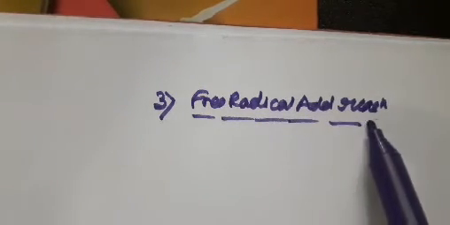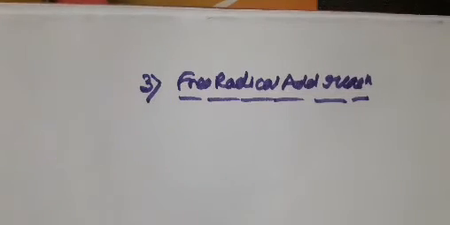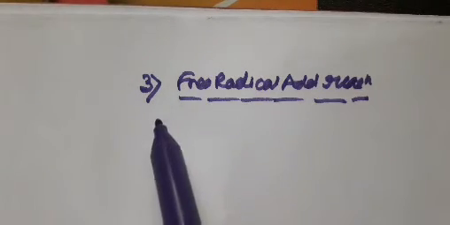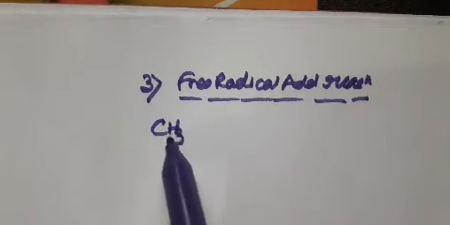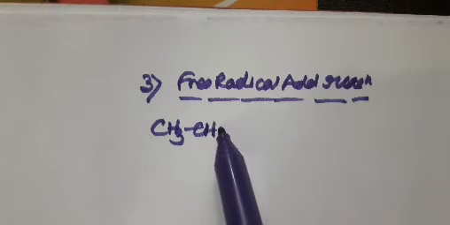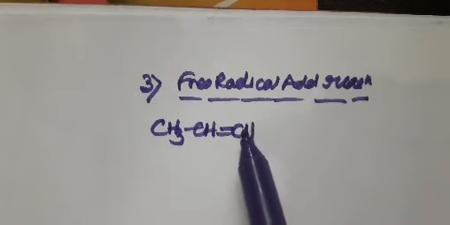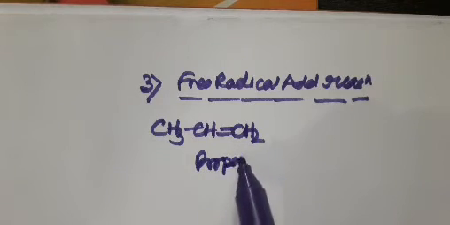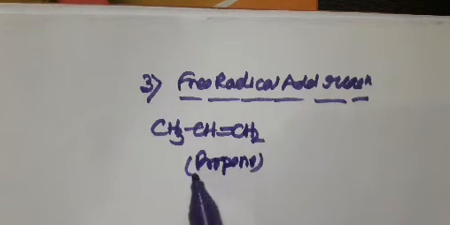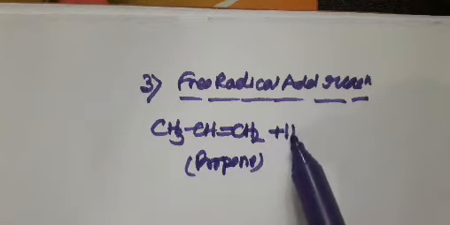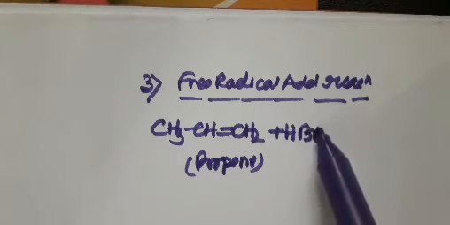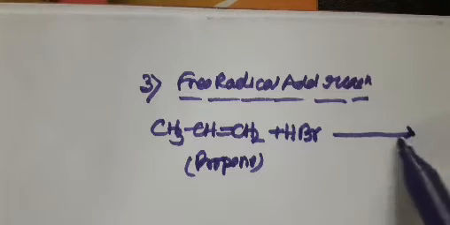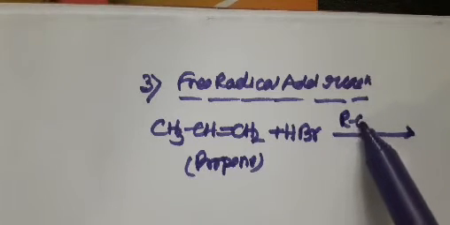To understand this type of reaction, let us take an example. CH3 CH double bond CH2. This is propene and it is an unsymmetrical alkene. It interacts with HBr in presence of peroxide.